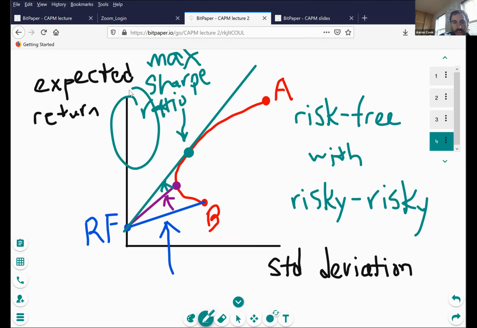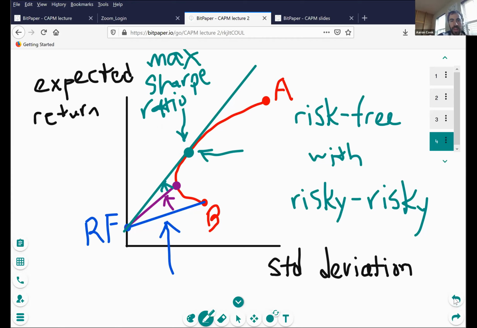And then notice that any point along this teal line is feasible. Any point between the risk-free rate and the risky portfolio is still a feasible portfolio. We're not only able to achieve this teal dot that's along the frontier, we can actually achieve any portfolio that's along the line between the risk-free rate and that portfolio on the frontier.